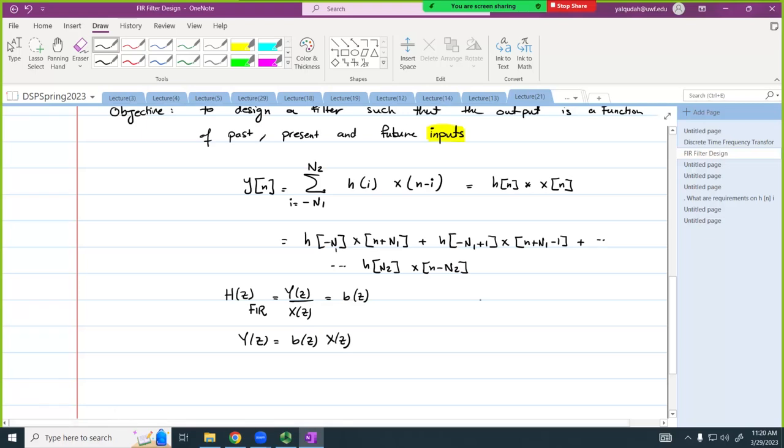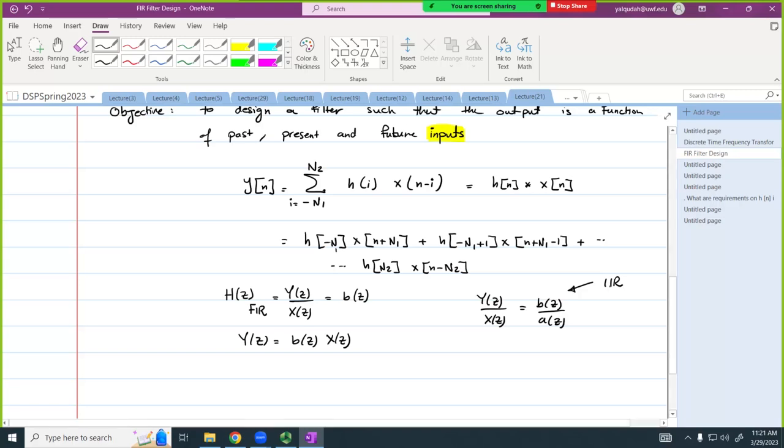Unlike the IIR filter, where y of z over x of z was b of z divided by a of z. In the case of the FIR filter, there is no a of z. And you can see it from here too.